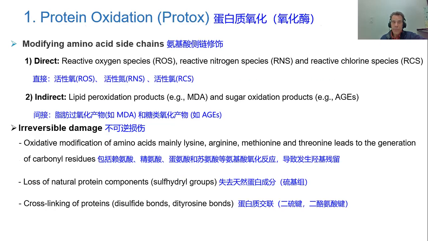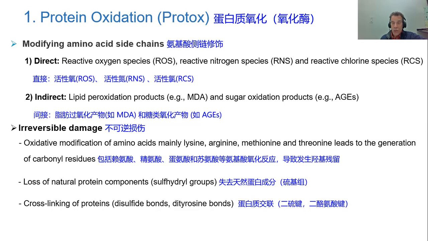We'll revisit this. Now, protein oxidation is driven by free radicals, creates reactive oxygen species, reactive nitrogen species, and these species will directly damage amino acids, fatty acids, will create oxidized sugars, and all these things. These changes are irreversible.